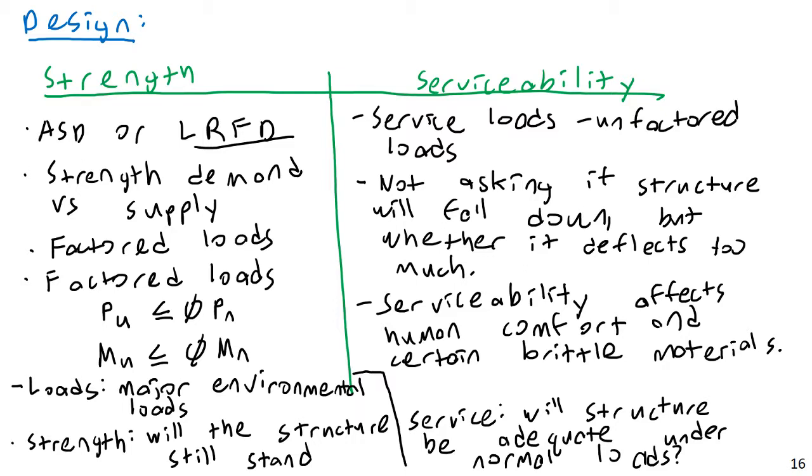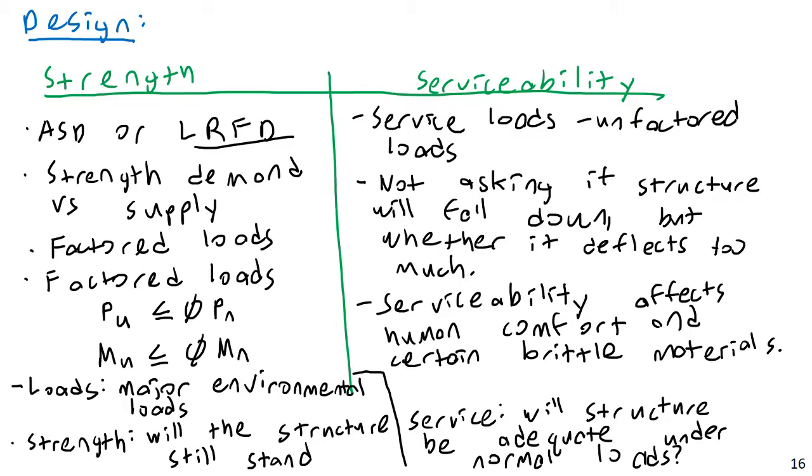So that's the kind of reasons that we tend to care about deflections. Now, for the opposite, for your major environmental loadings that dominate this side of the equation over here, the strength side, we don't really care about the deflections for serviceability. Like if the building vibrates too much during an earthquake, whoop-de-doo.